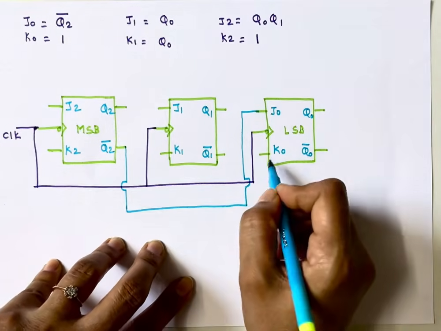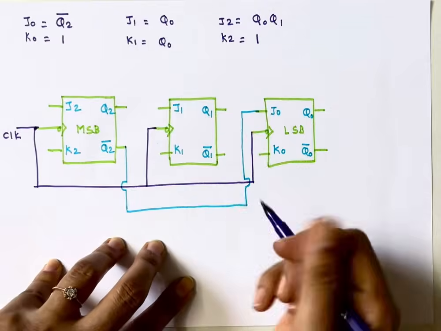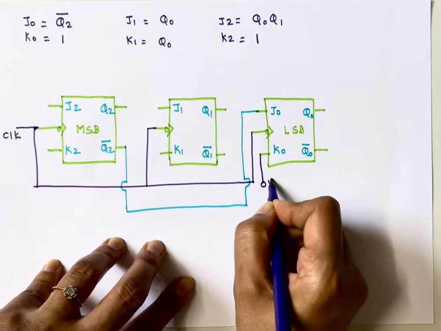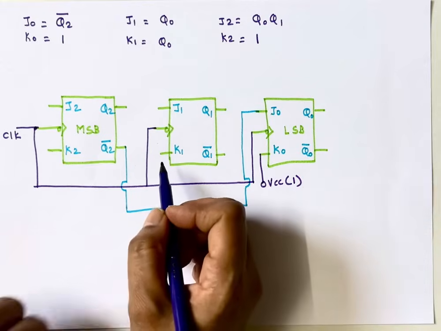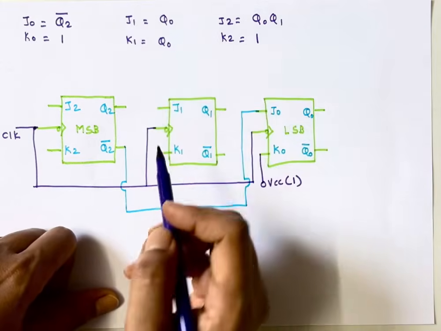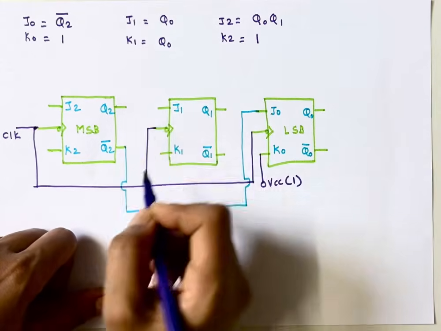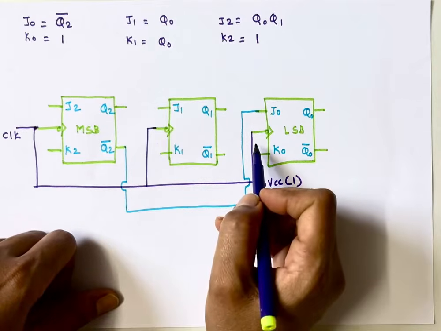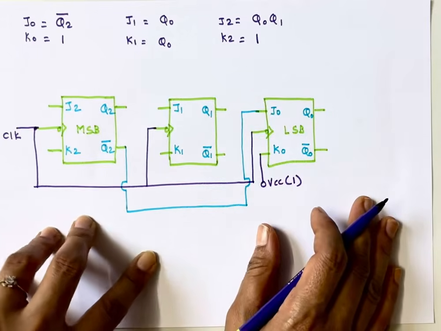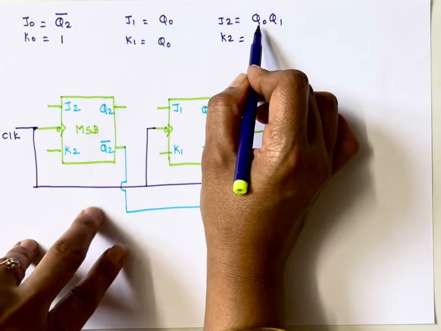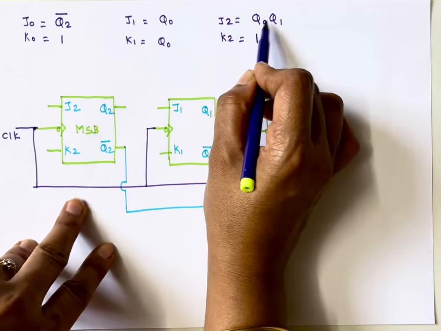K0 is 1, so I will connect this K0 to VCC or logic 1. Next, J1 and K1, both of them are connected to Q0. Before that, see here also we want Q0 and Q1.